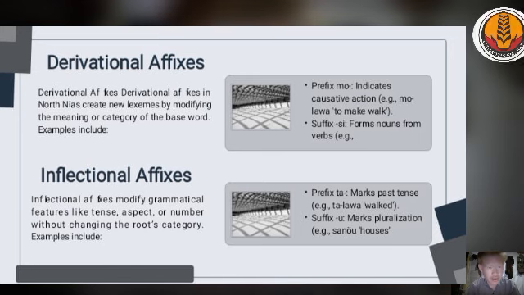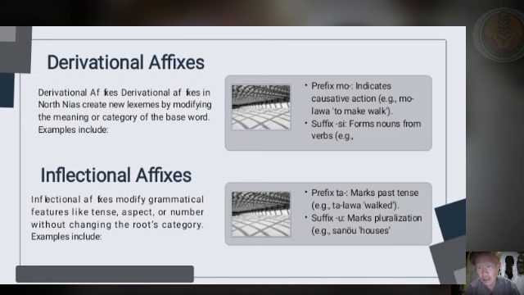Next are derivational affixes. The derivational affixes in North Nias language create new lexemes by modifying the meaning or category of the base word. For example, the prefix mo-: if we add the base word, or root word, guna, it becomes moguna, and if we add the base word lawa, it becomes molawa.